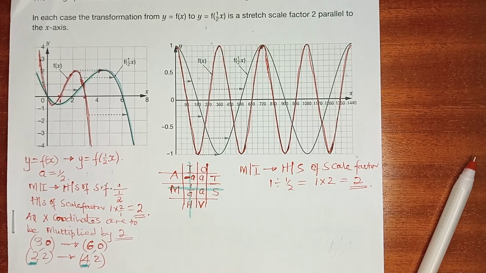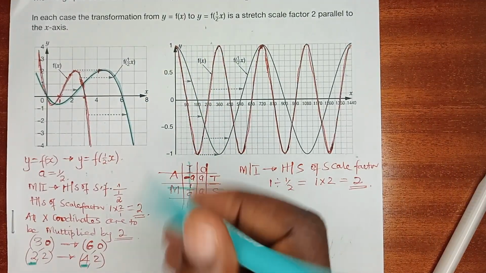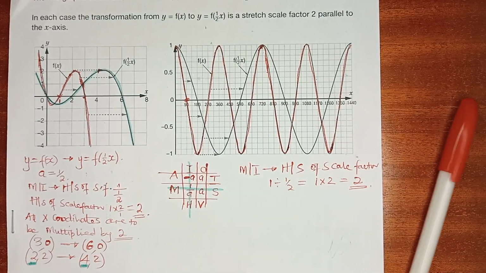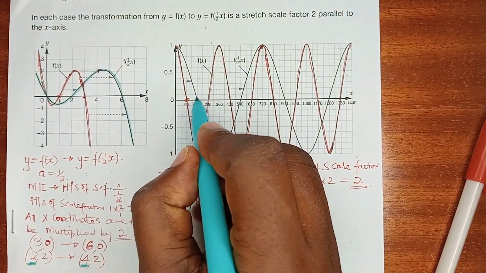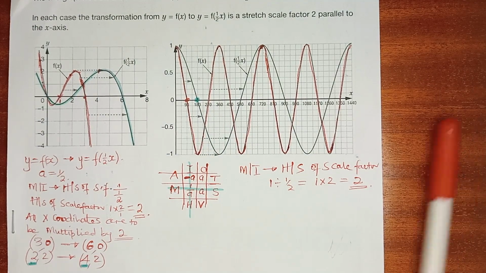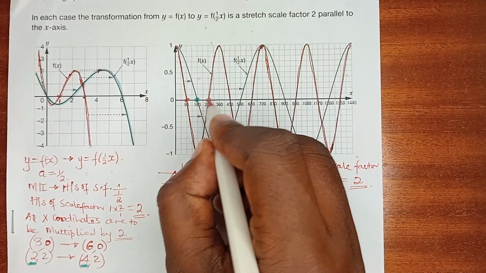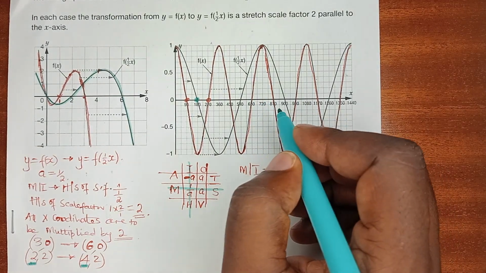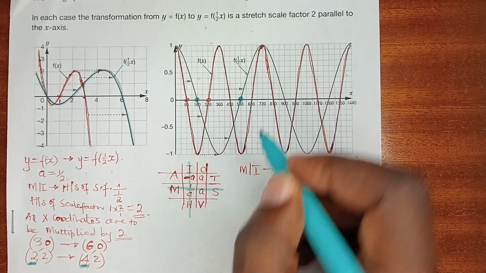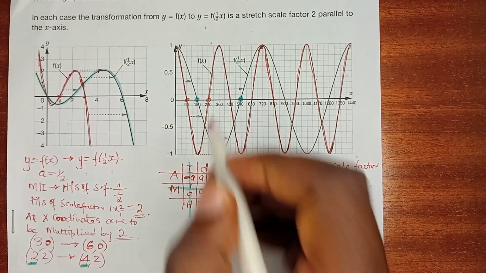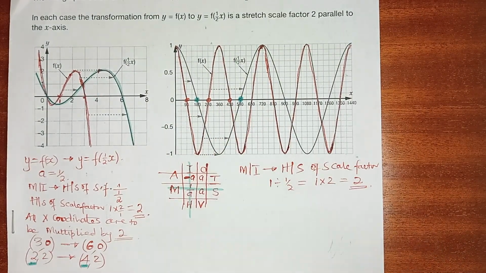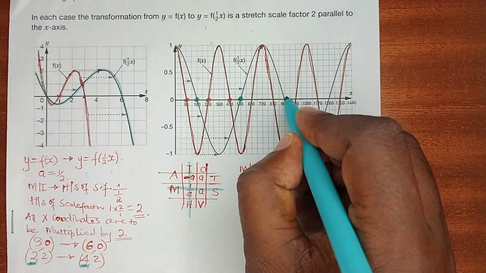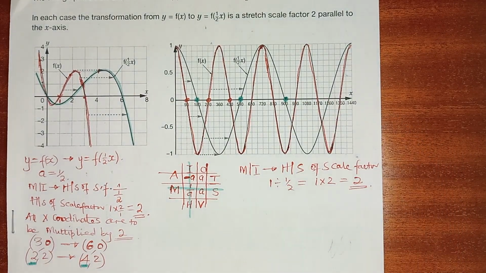So you can see the new graph, if we take that point, is stretched to that point. That point 270 is transformed to this point, which is 540, and so on. That point where x is 450 is transformed to this point where x is 900.